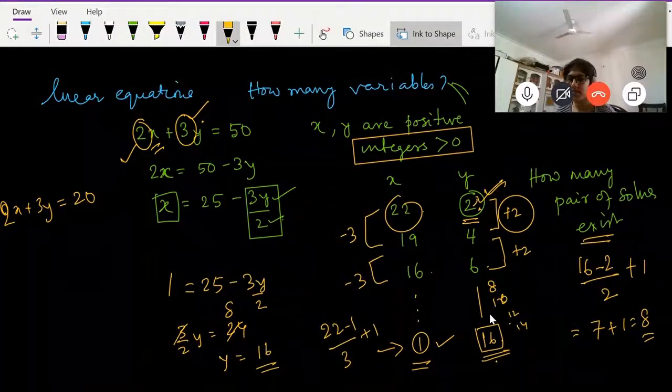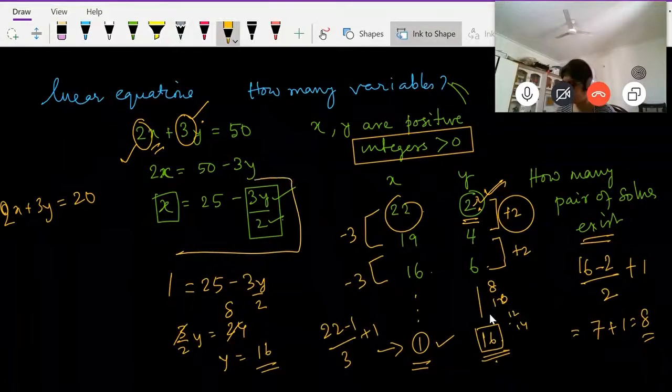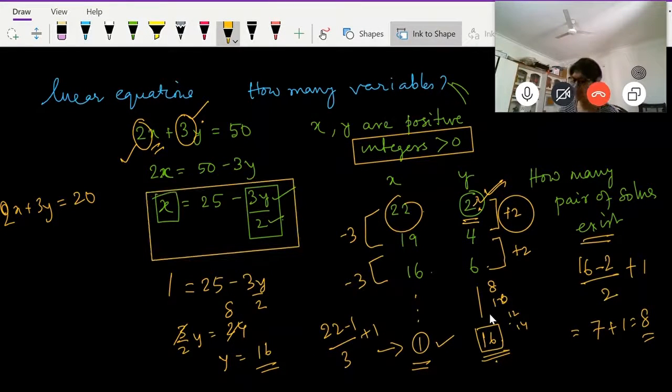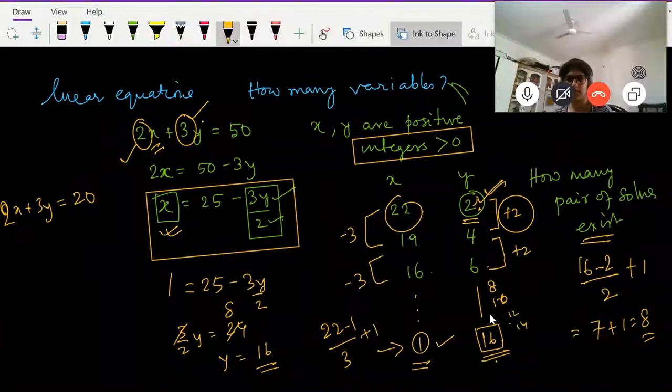So the logic is this. You have to take the x and y on two different sides and see for what values of y, x takes integral values.